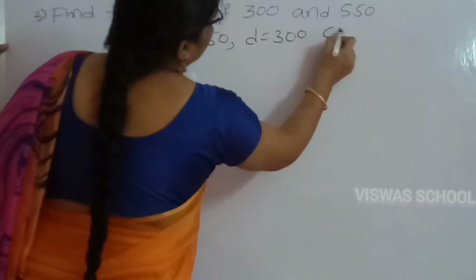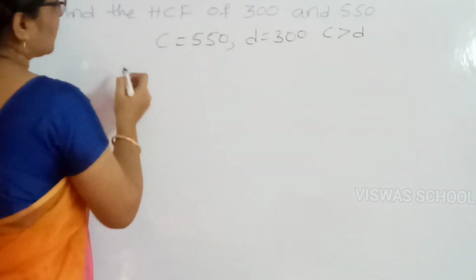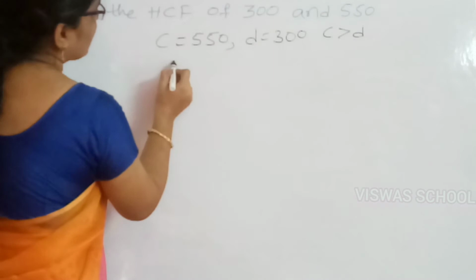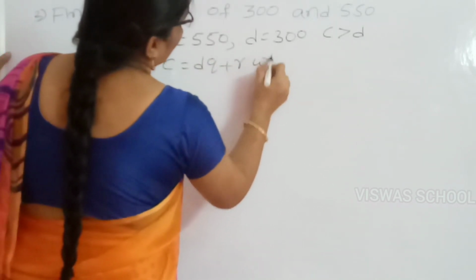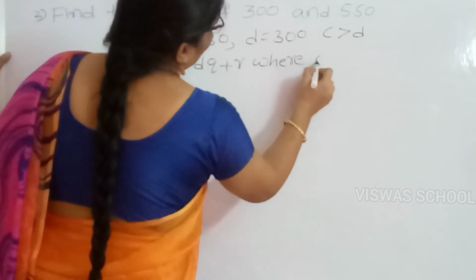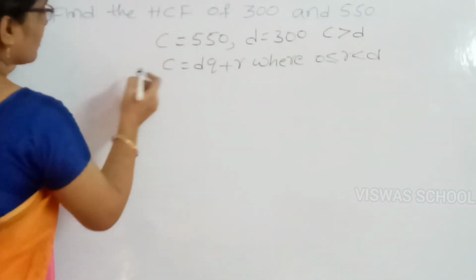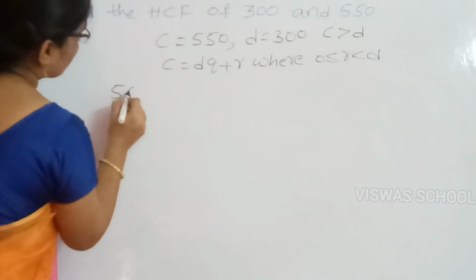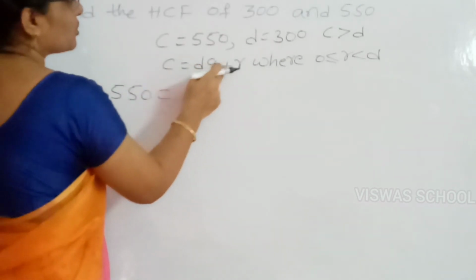That is, C is greater than D. Okay, applying Euclid division lemma. Our condition is C equals DQ plus R, where 0 is less than or equal to R is less than D. That means 550 is equal to D into Q plus R.